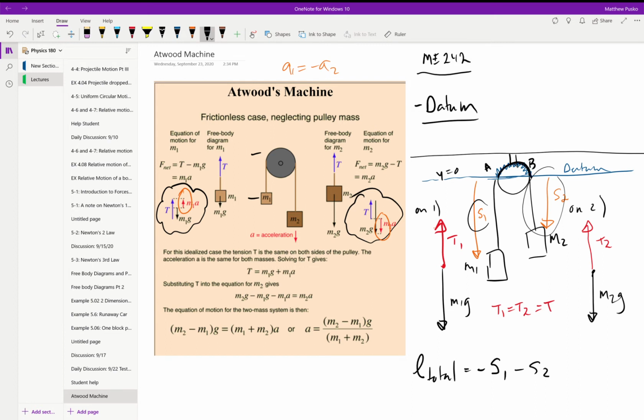It can be positive or minus, we'll call it positive, we'll call it SAB. This part is always constant, so is the total length. The total length of the string is always constant. Think about it, it's not stretching. As one goes up, the other goes down. So we can say that is a constant value.